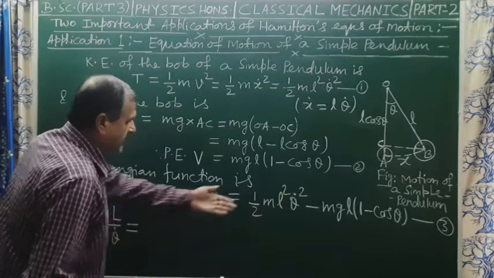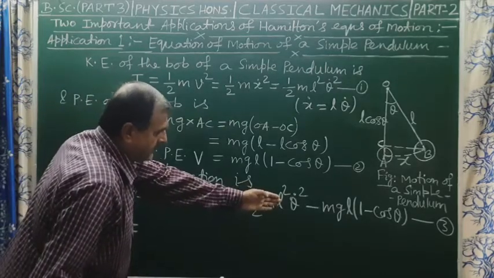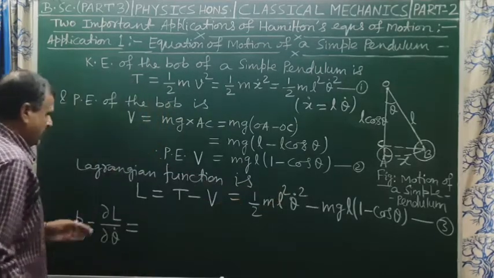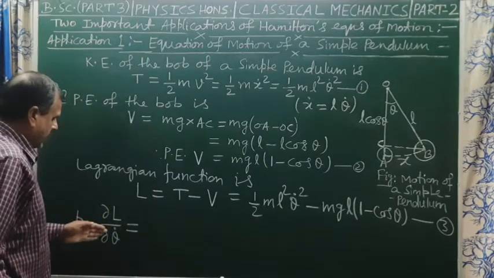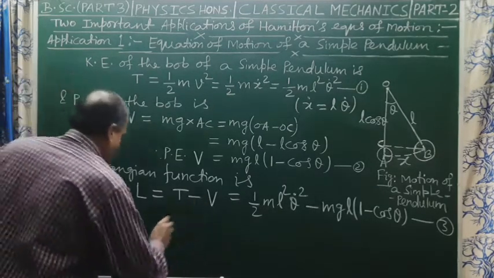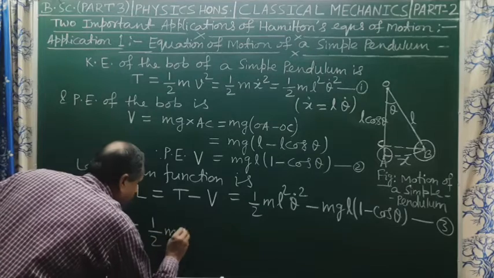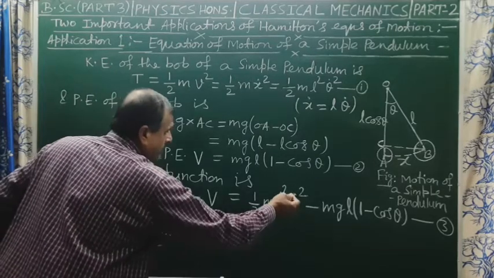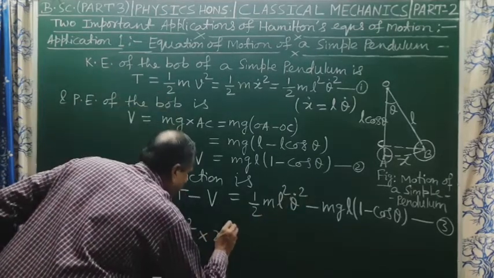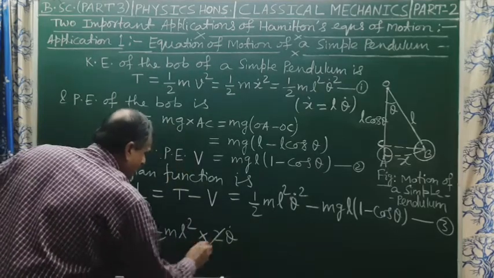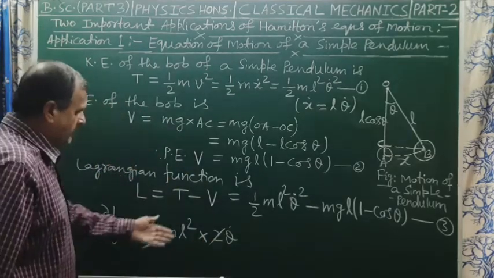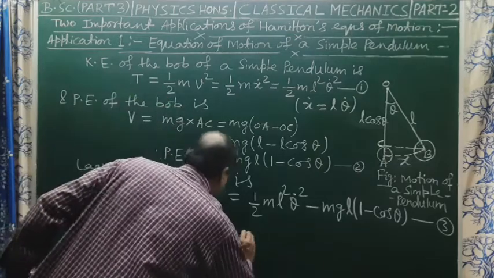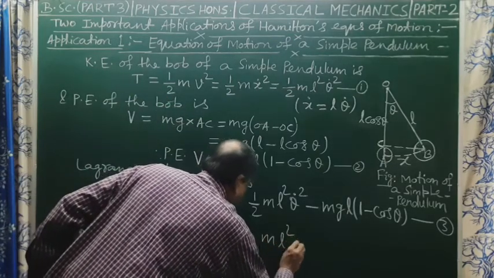So differentiating this first term of equation 3 with respect to theta dot, we obtain delta L upon delta theta dot equal to 1 by 2 mL square, which is constant, and differentiation of theta dot square is 2 theta dot. The 2 and 2 in the numerator and denominator cancel out. So we have mL square theta dot.